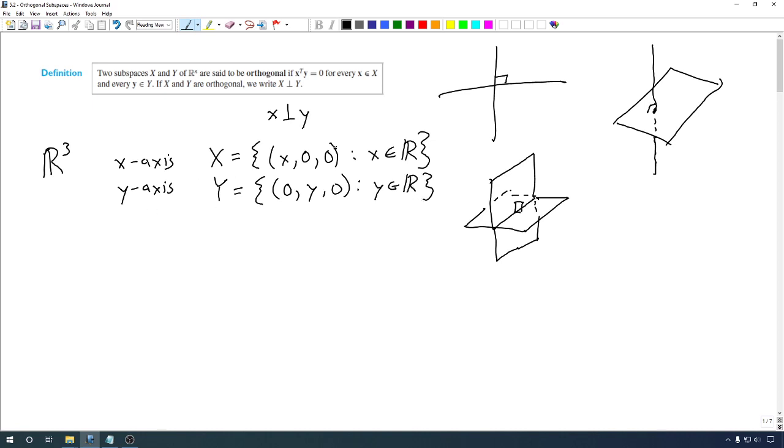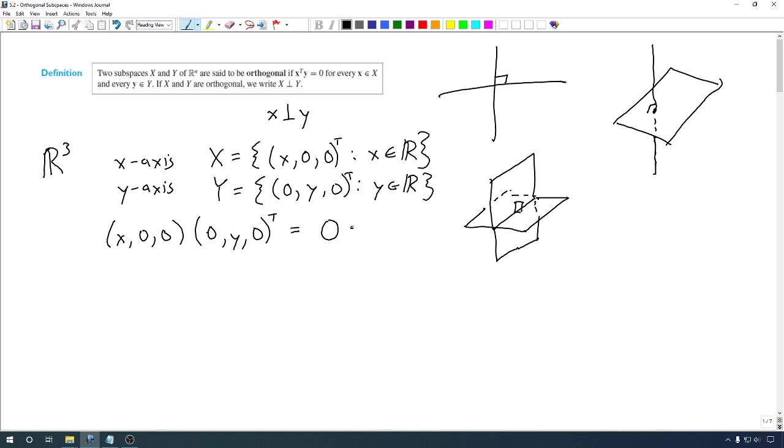I guess these should be column vectors, so we'll put a transpose there. If we take any vector in X, we transpose it, and we multiply it by any vector in Y. So this is a vector in X transpose times a vector in Y. What we will get is x times 0 plus 0 times y plus 0 times 0.